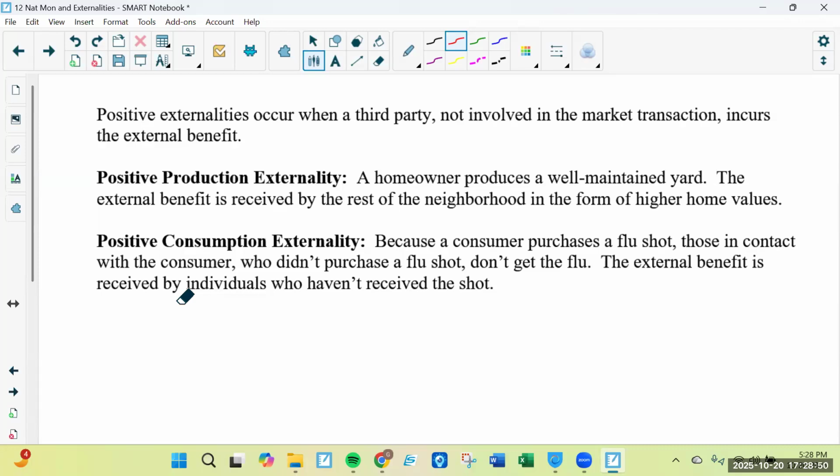You're buying the flu shot. The doctor wins, you win, right? But I also win because I don't get the flu because you got the flu shot. That's a positive. I win. Yay. Everybody else in society that didn't get the flu gets it. Positive consumption. It was the consumption of the flu shot by you that keeps me from getting sick. Positive consumption externality. Let's draw.